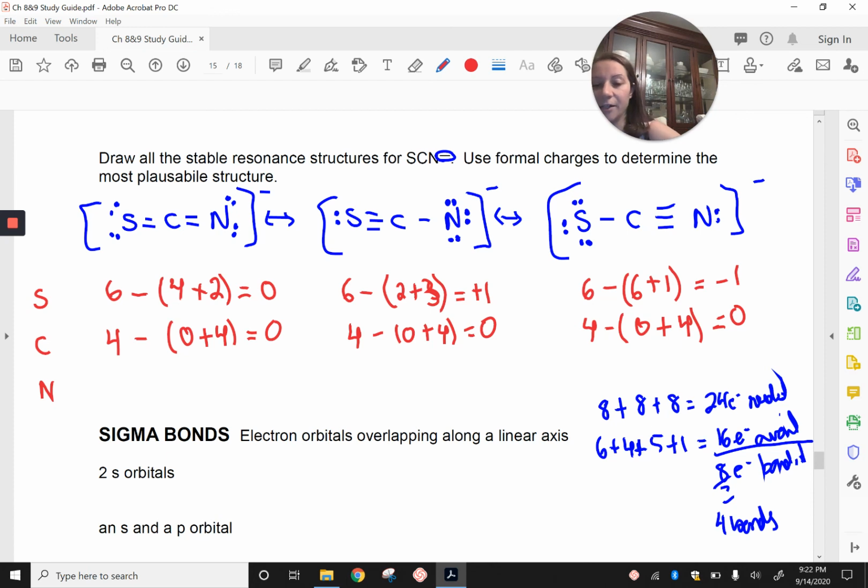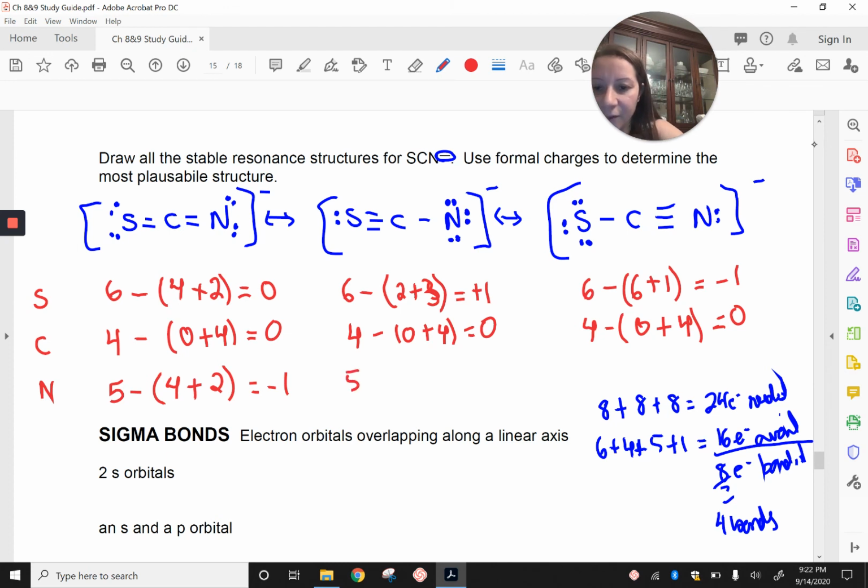Let's look at the nitrogen next. Nitrogen has 5 valence electrons. So 5 minus, then we have 4 electrons that are in lone pairs, plus 2 bonds. So 5 minus 6 is negative 1. Let's look at this one here.